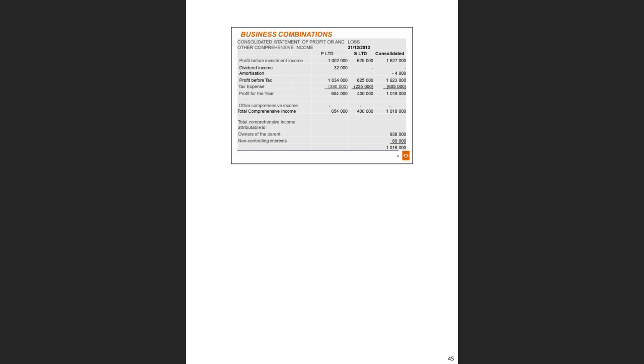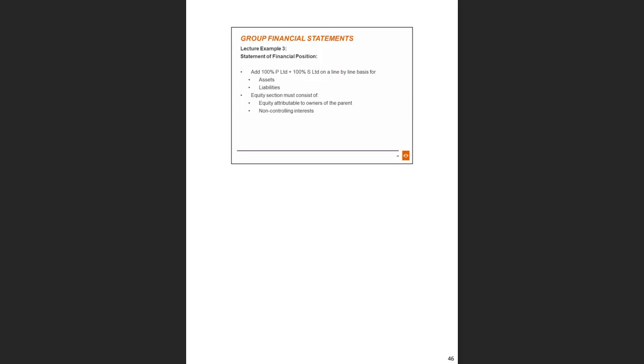So it will be shown here in your consolidated statement of profit or loss. Okay, let's have a look at the next slide. So they are just showing you the process here in that consolidated statement of profit or loss.